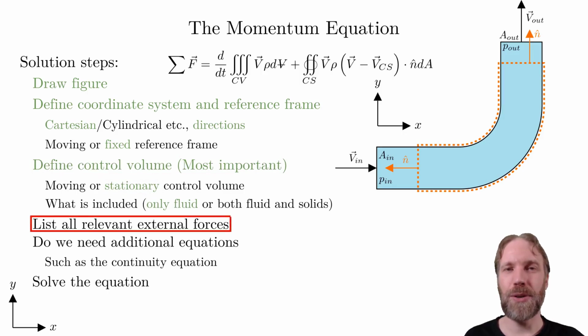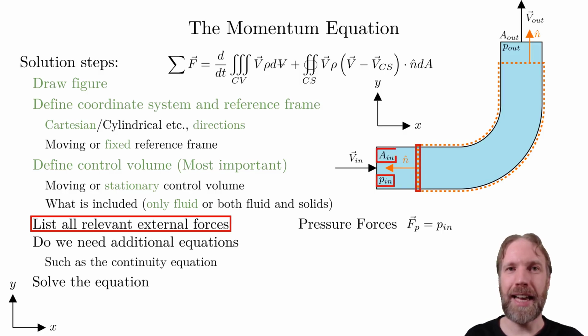Next, we list all forces. We start with the pressure force, and we assume that all pressures are gauge pressures. This means that we can neglect the pressure everywhere outside the pipe. For the inlet, we have the pressure P in acting on the area A in the positive x direction.